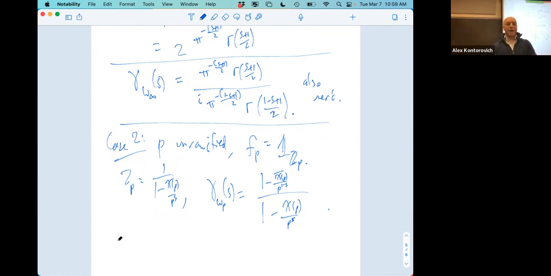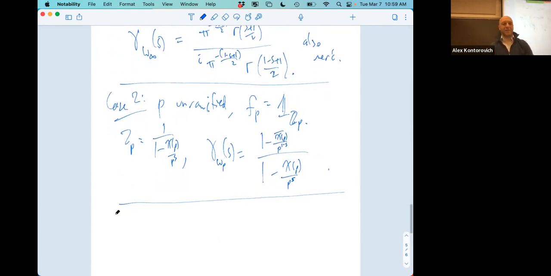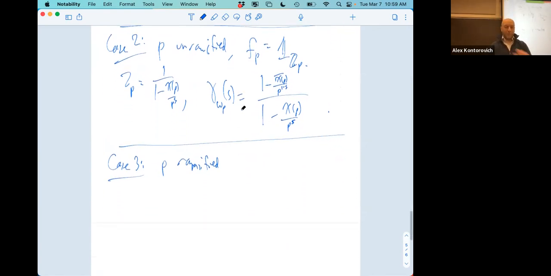We can work out explicitly what gamma is, even if we're ramified. We did some stuff with ramified before, right? But the point is we can actually evaluate these things explicitly. So if p is ramified, let's work out what the Z_p is. So ramified, remember what that means.